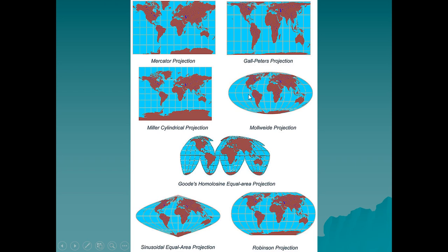Similarly, if you look at some of the other maps, you see some differences. Compare the Miller cylindrical projection with the Mercator. Now it looks very similar, but if you look carefully, you would see landmass sizes are different. So here shape has been distorted.